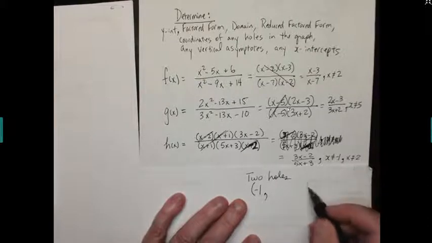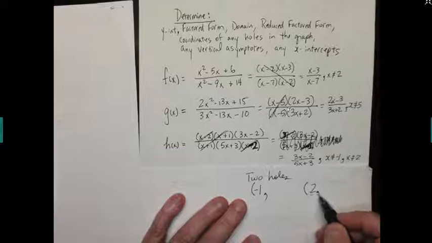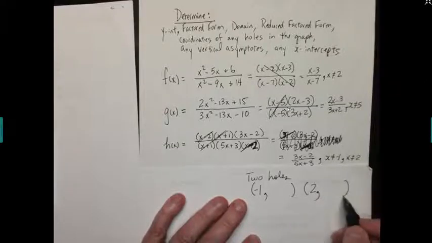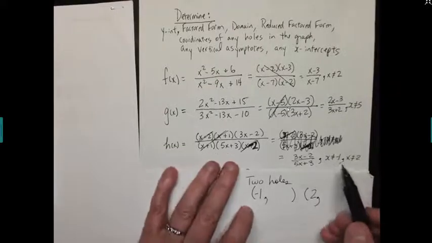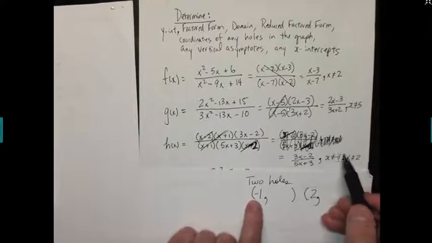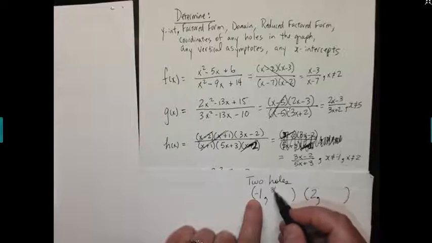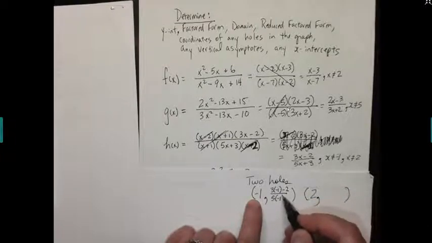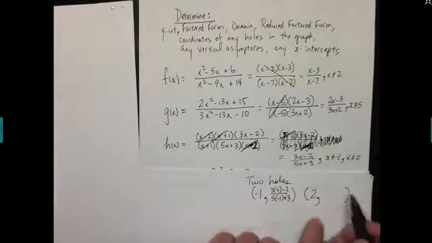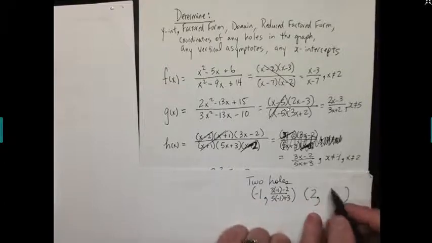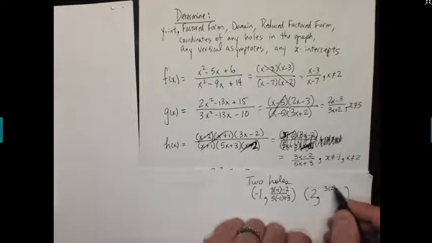The second one has x coordinate 2. Now, what are the y coordinates? For this one, you plug -1 into the reduced formula. For this one, you plug 2 into the reduced formula.